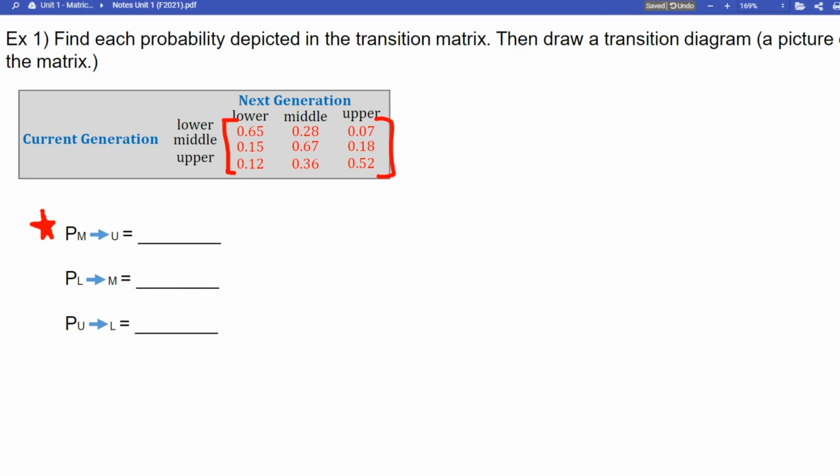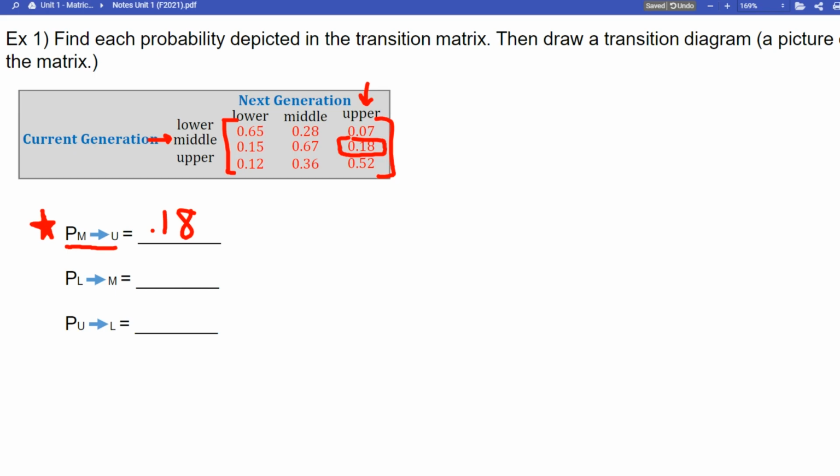All right, so I've got my own little notation that I made up here. P is that transition matrix or probability, but we're finding the probability of going from middle to upper. From middle to upper would start here and end here. We're looking at this entry, 0.18. Doesn't have to be hard. That's all we're doing.